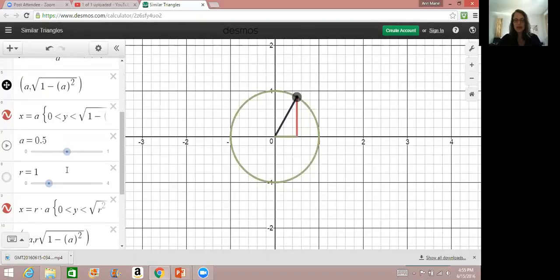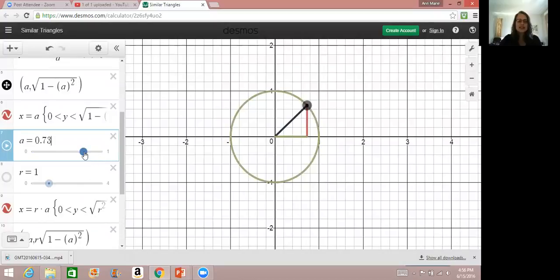What I want you to notice is as I move my point along my circle, my x and y coordinates change. So different points on the circle, and I'm staying in this quadrant because this particular model breaks if I go outside of it, but you can do this in any quadrant of your circle. So you can do this over here and over here and over here. I'm just staying in the first quadrant to make life simple.